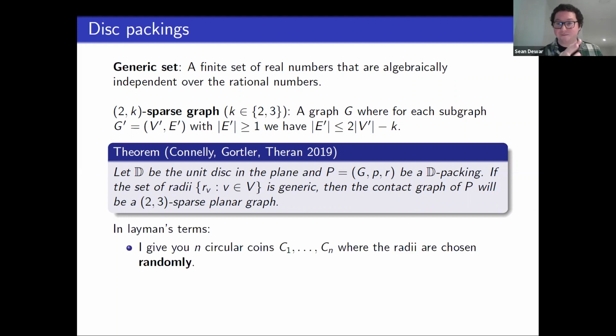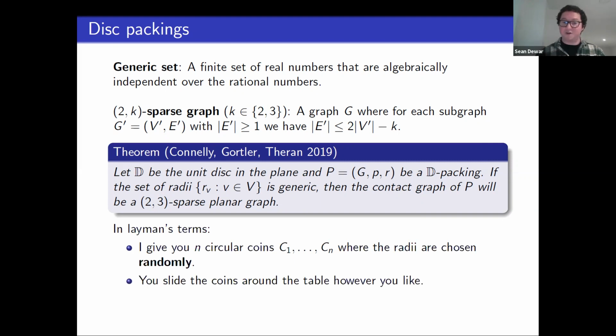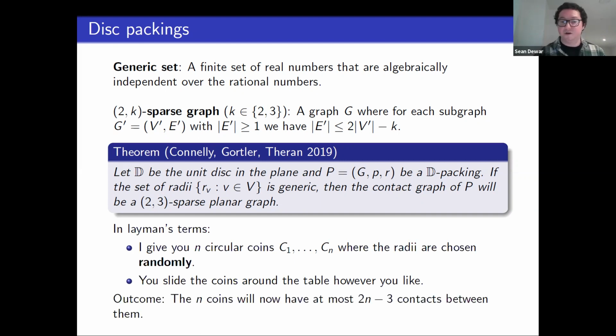So in layman's terms, if I give you n circular coins, and I've just chosen the radii to be completely random, and then you put them on a table, and you slide them around however you want, and stick them together, but we're not allowing you to overlap any two coins. Well, if you do this, the outcome is going to be that the coins have at most 2n-3 contacts between them. So this is something you get immediately from the result. It's a practical application of it in some sense.